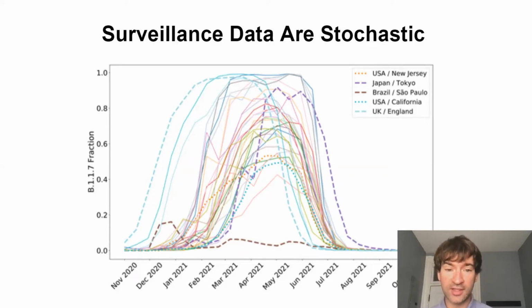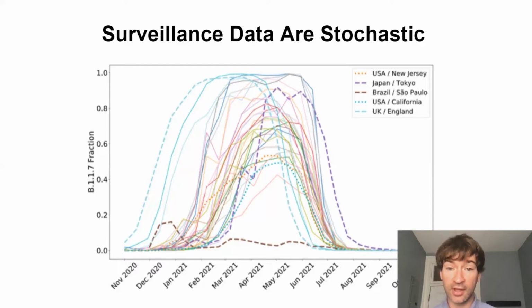So here again, plotted, we have something very similar to what we had on the previous slide. On the horizontal axis, we have time, and on the vertical axis, we have a fraction between 0 and 1 for a particular COVID variant, B117. We see that, over time, the broader trend is that this variant went up, and then it went back down, right? But different regions experience different behavior.